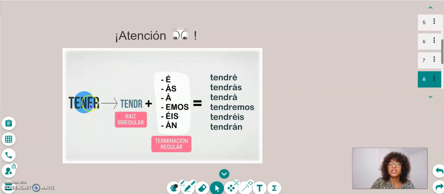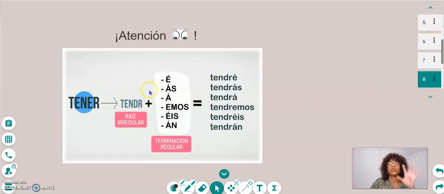So I explain this is the infinitive form of the verb, which is el verbo tener, in English to have. But because it's an irregular verb, they just have to remove the last part and add dr, and then just apply the normal regular conjugation they know from the regular verbs, right?